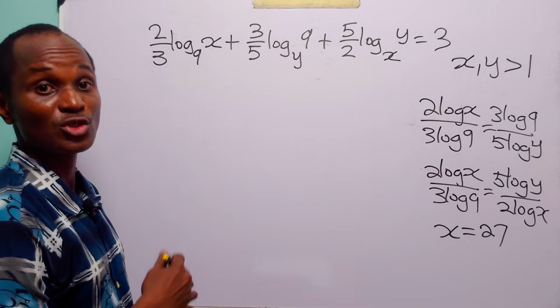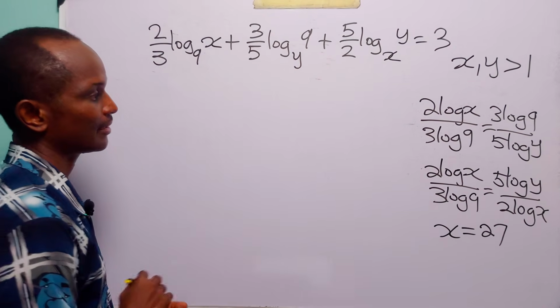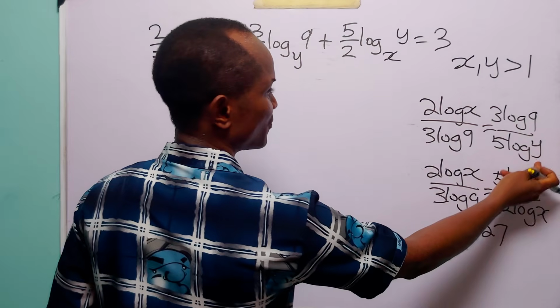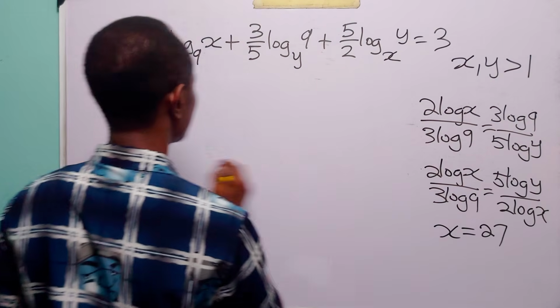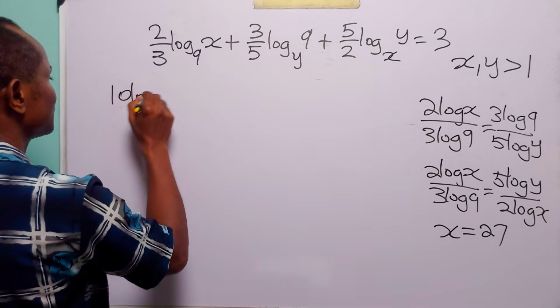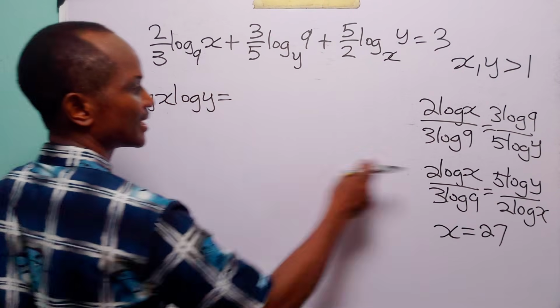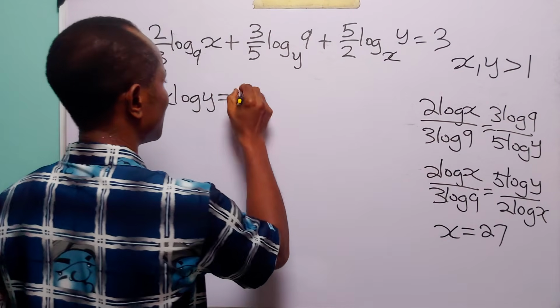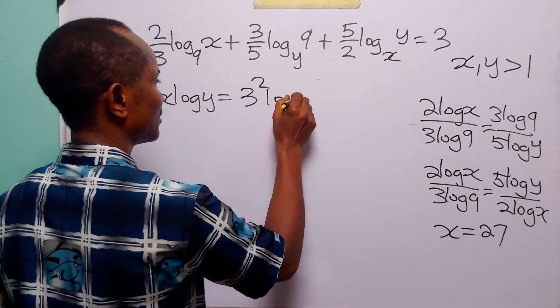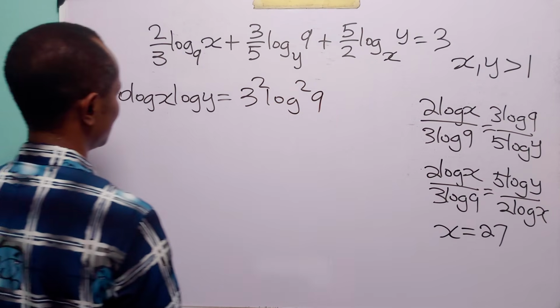And for good measure, let us also find the value of y. From this first equation, when we cross multiply, we have 10 log x log y is equal to 3 squared log squared 9.